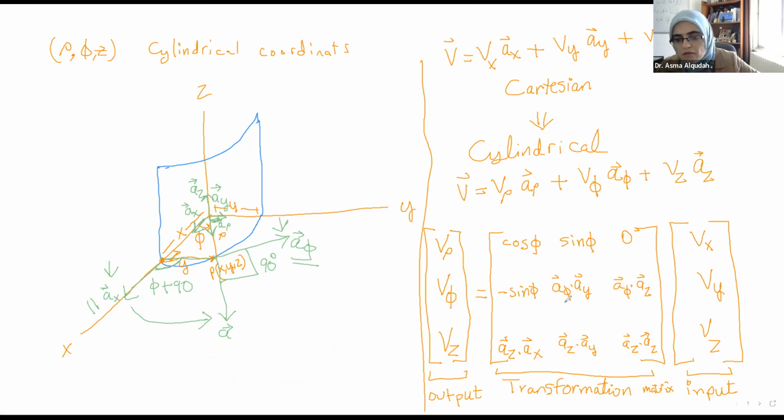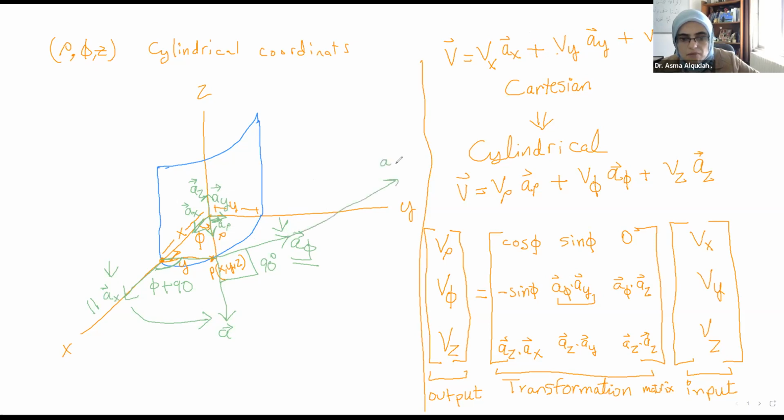So here we have a sub phi dotted with a sub y. So this is a sub phi, and this is a sub phi moving in this direction.